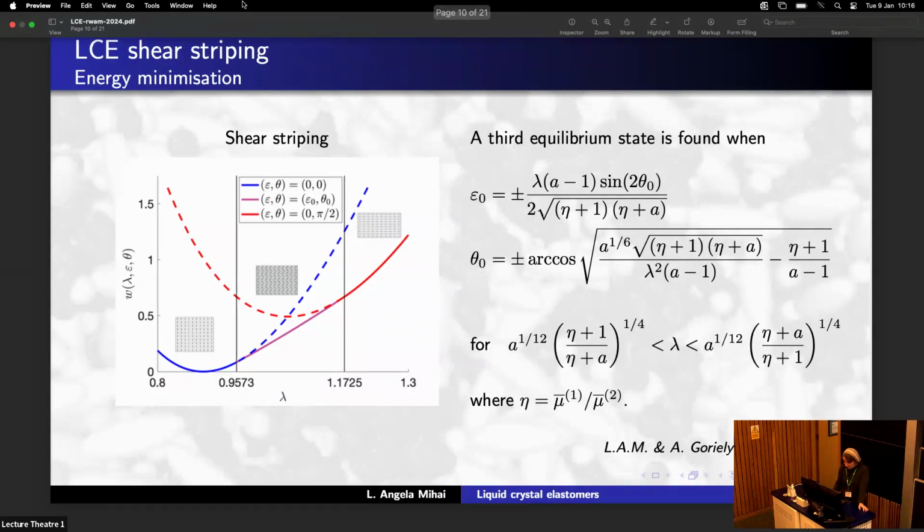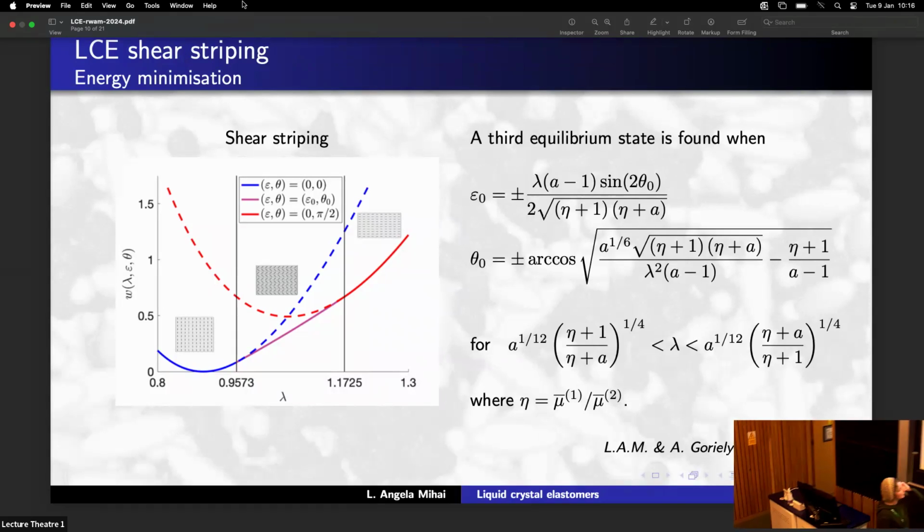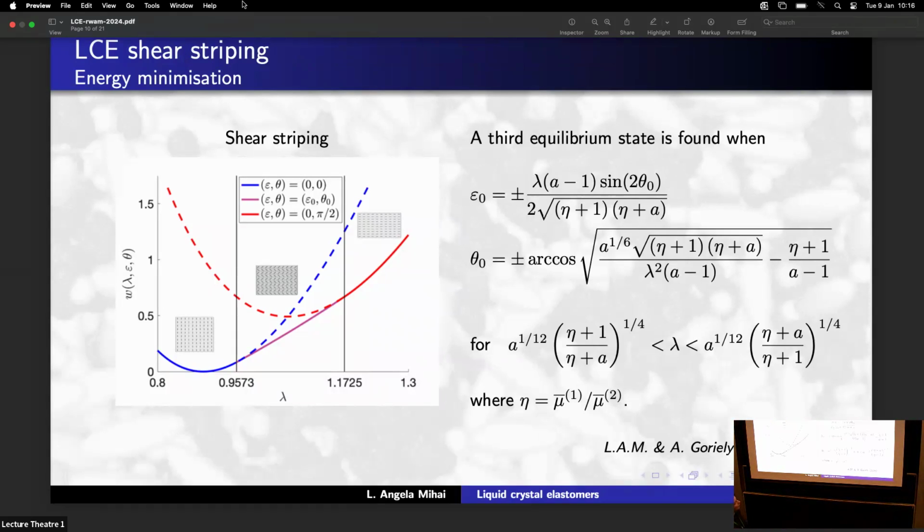Okay, so what happens if we use a model such as that one? I'm not specifying exactly the details of the model, but it's of that form. When we want to model the shear striping, we can have an exact solution, and you can see here the three stages. The first stage, in the blue curve, indicates the energy when the nematic director is aligned vertically in the sample that I showed you.